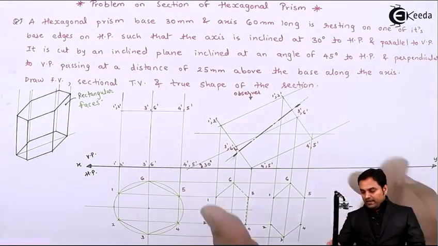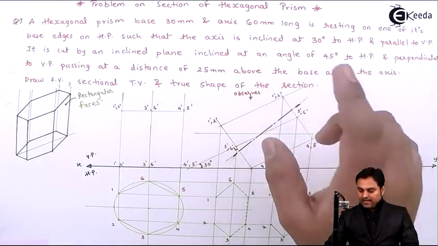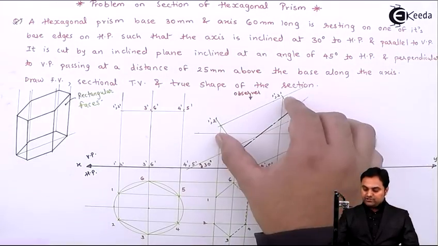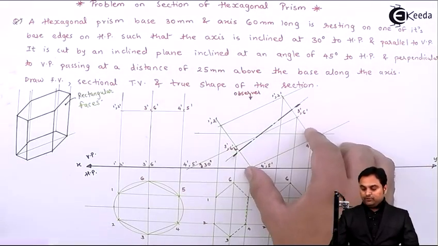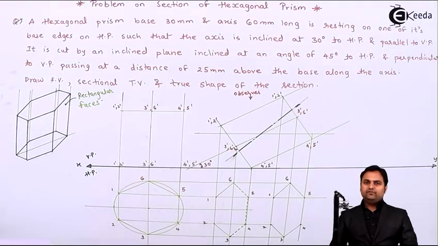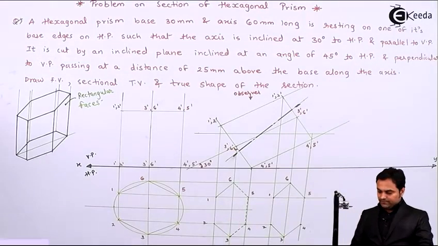So while the observer is at the top, I have to remove the portion which is close to the observer and retain the bottom portion. That will show the sectional view, and for that I'll make it dark.